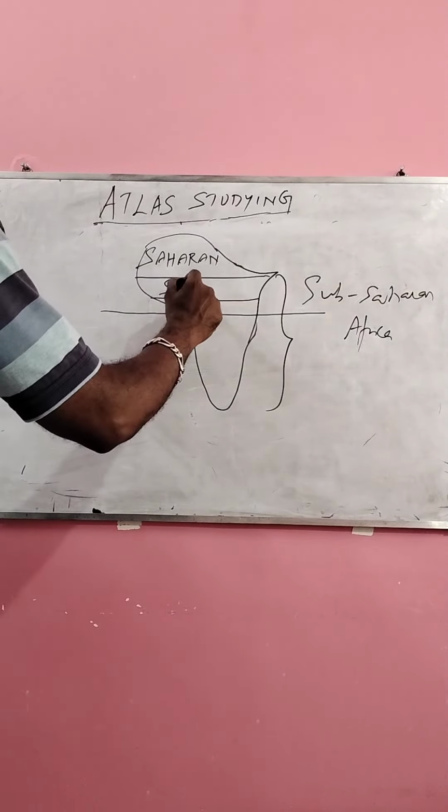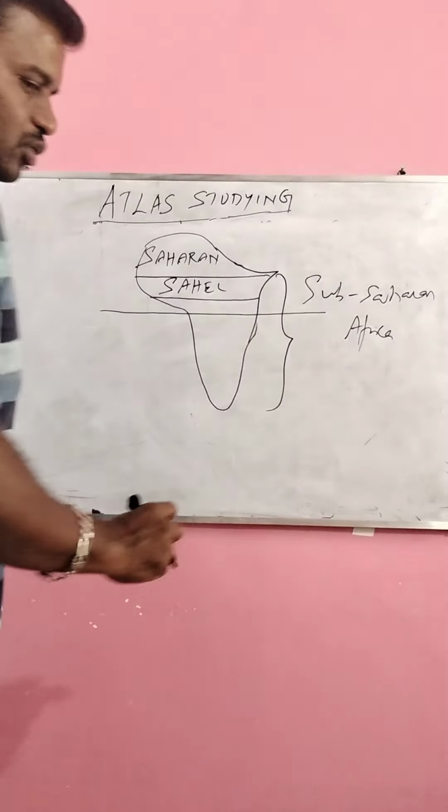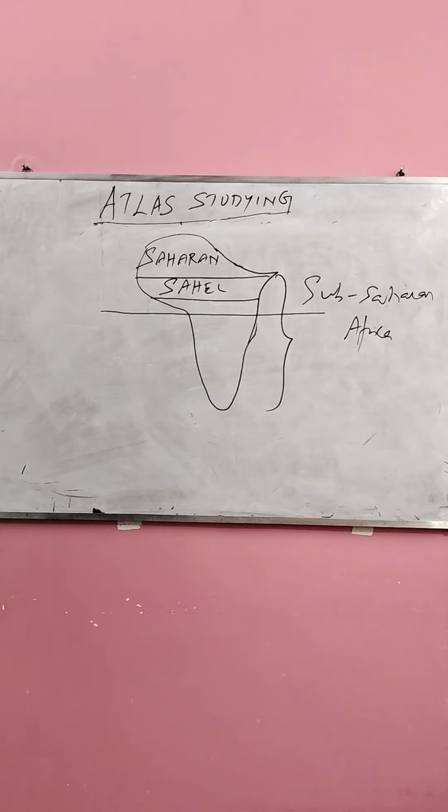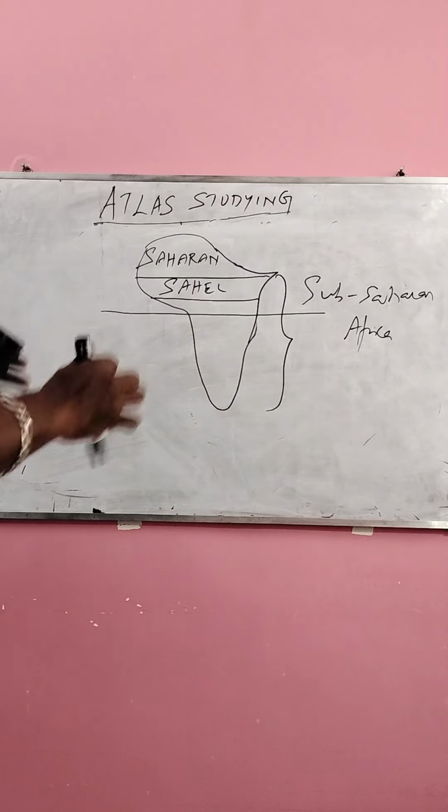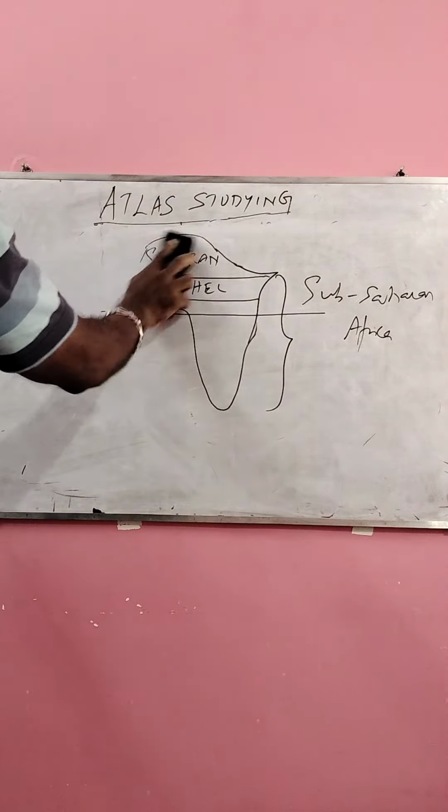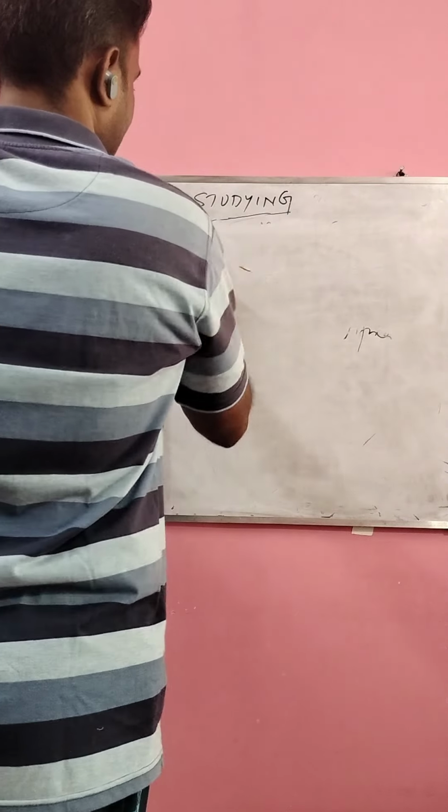It is called the Sahel. Burkina Faso, Niger, Chad, parts of Sudan, they come under Sahel. The Sahel region faces many problems like poverty, disease, malnutrition, war, violence, military rule, and so on. So, develop a concept, then go further in studying political geography.